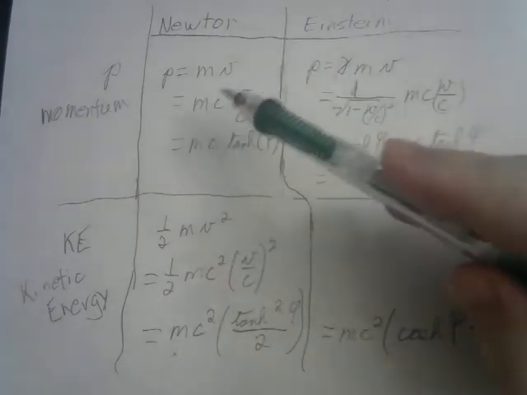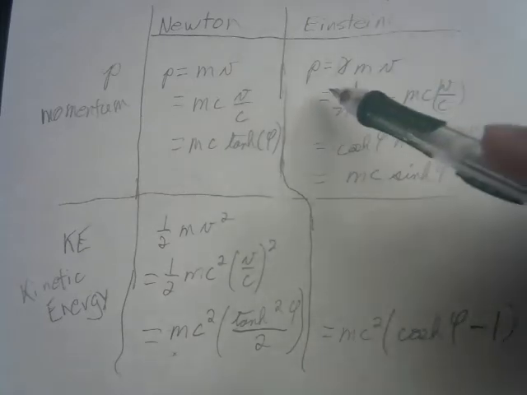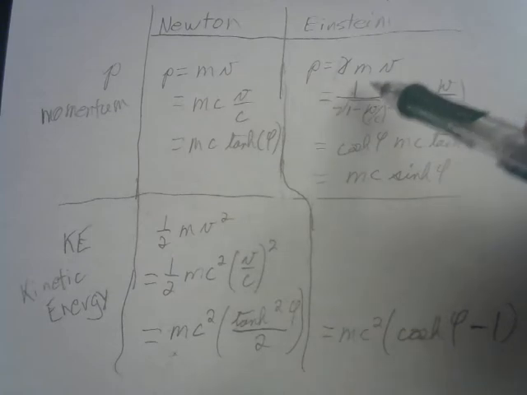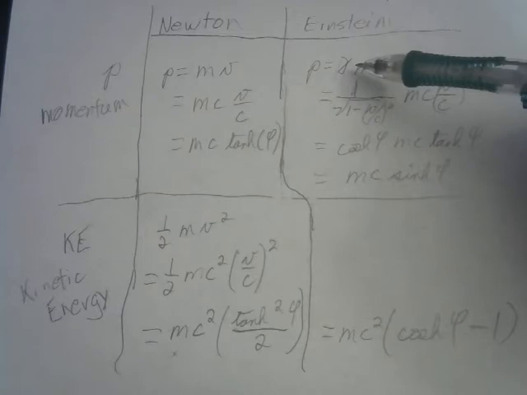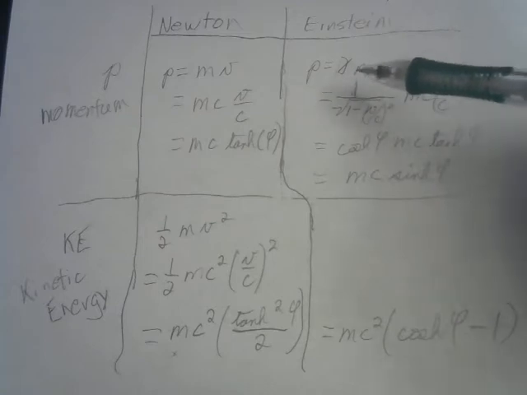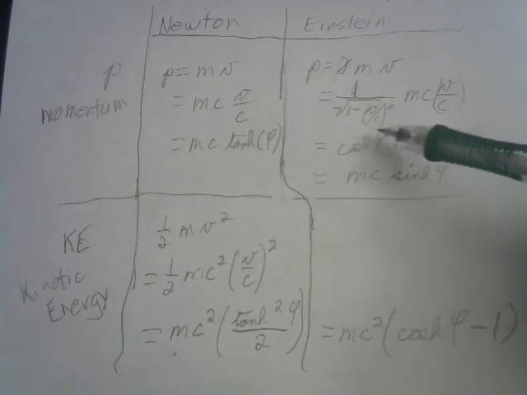In Newton's law, momentum was mass times velocity, and in Einstein's, momentum is gamma times mass times velocity, and gamma is a quantity called the time dilation factor, and it is 1 over the square root of 1 minus (v over c) squared.